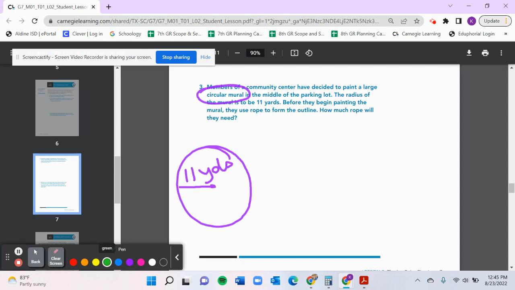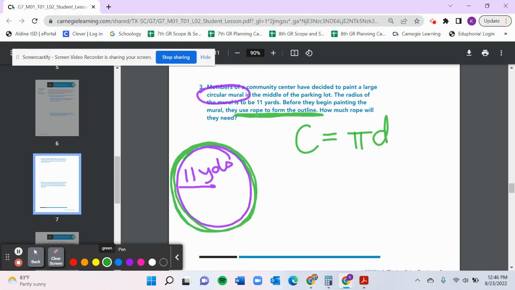This question is trying to trick you. They're forming the outline of this mural. So the outline, well, think, would that be area or circumference? It would be circumference. So finding that formula, I know the circumference can be found using pi times the diameter.